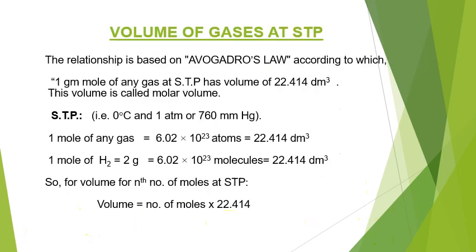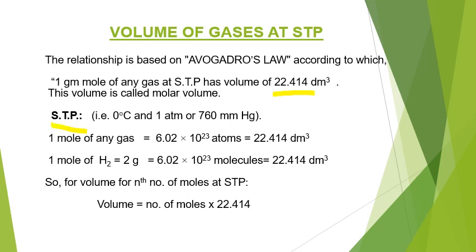Now here is a relation between volume and Avogadro's law, and how to use it. The relationship between them is that 1 mole of any gas at STP has a volume of 22.414 dm cube, as I told you earlier. This is called the molar volume.